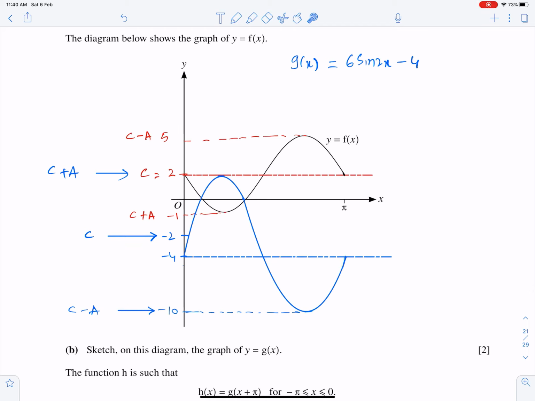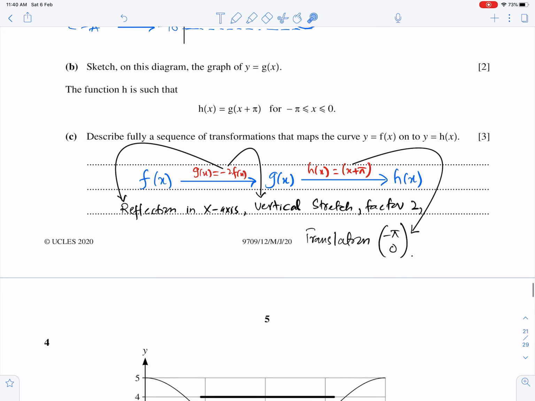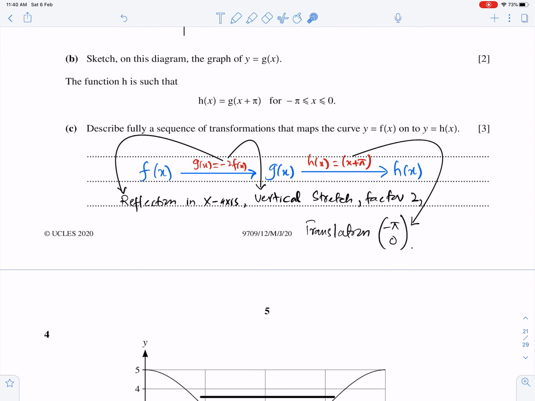These points are on the x-axis, so these points are invariant. And here I described the transformations. First, f of x will become g of x through this transformation, and then g of x will become h of x through this transformation. So this -2 means reflection in the x-axis. Just the negative sign means reflection in the x-axis.